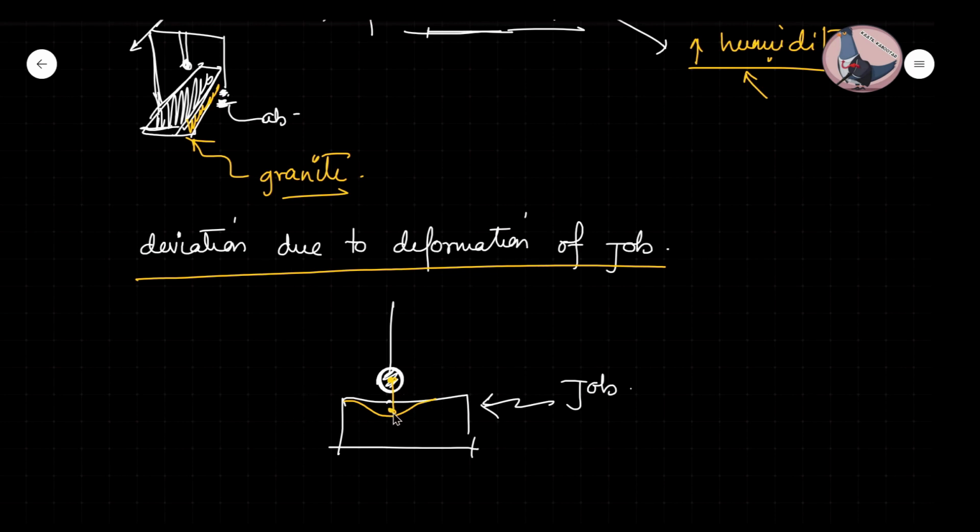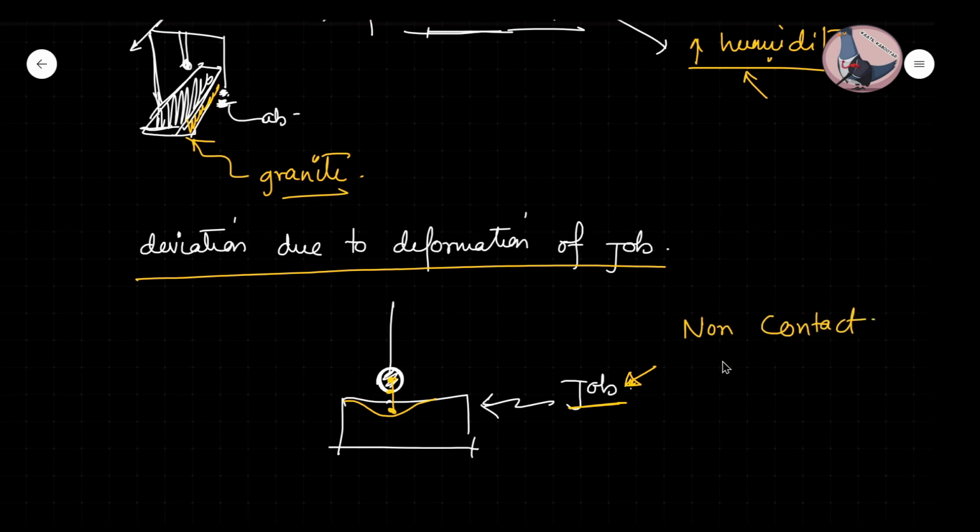And this deformation will happen because the stress will be very high. So for very soft jobs, the jobs which are very prone to getting deformed, we don't use contact type probes; we go for non-contact.